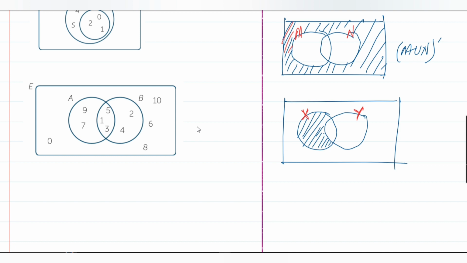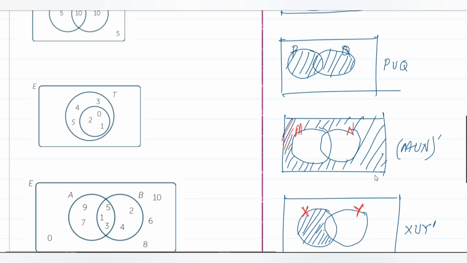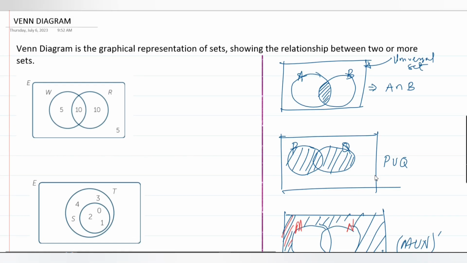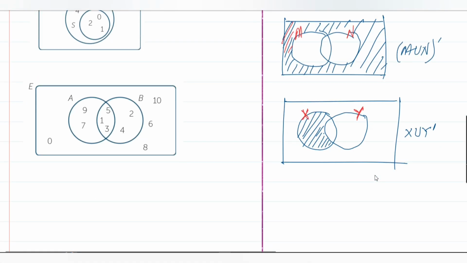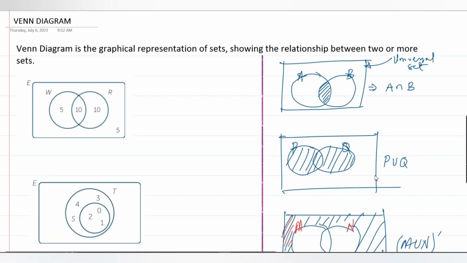It almost looks like X union Y, but the whole of Y is cut out, so we put Y complement. That would be X union Y complement. Those are the basic diagrams we will see.